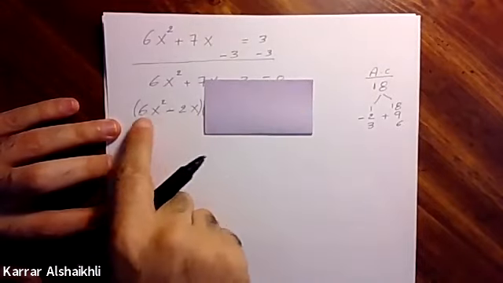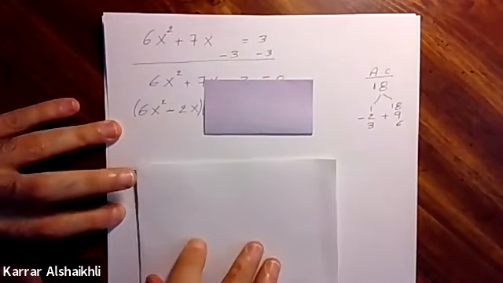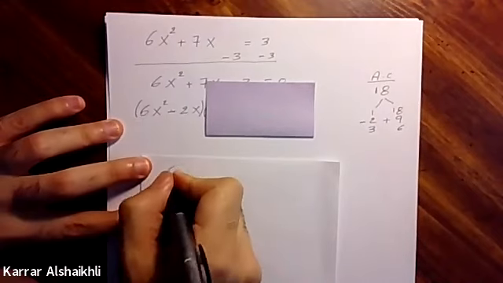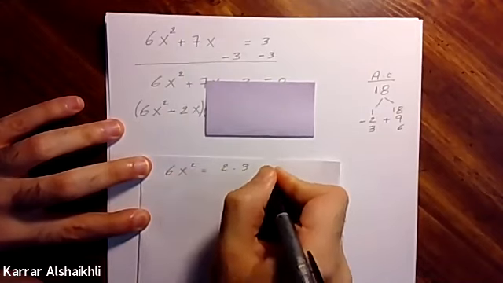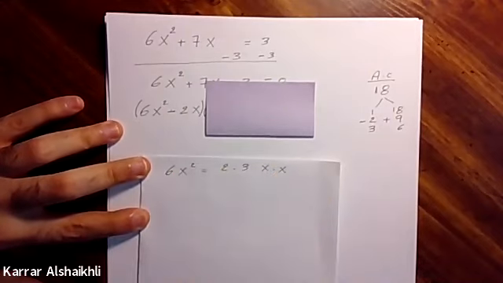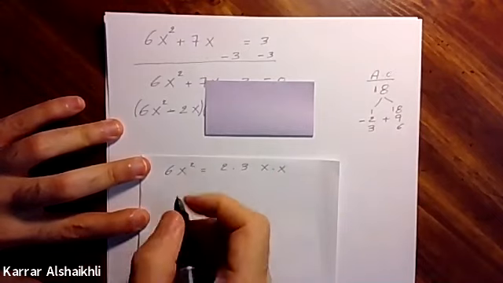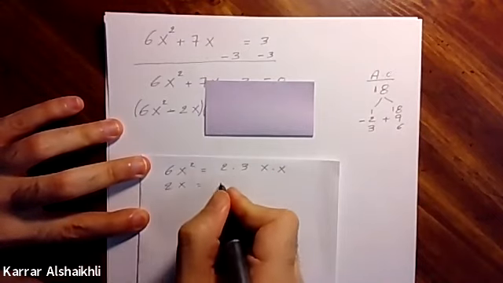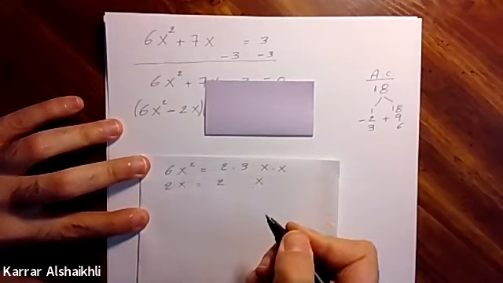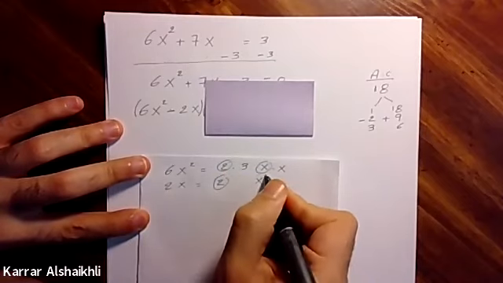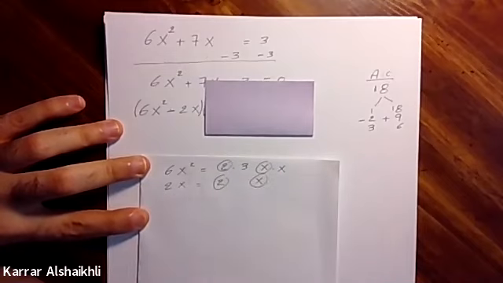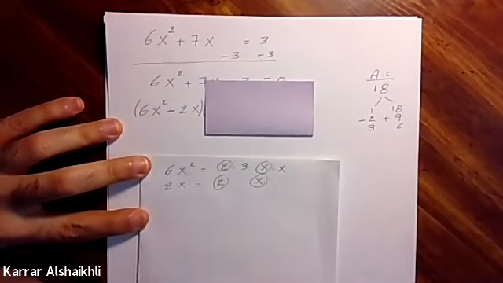Now I need to find the common factor between 6x squared, which is 2 times 3x times x, and 2x, which is 2 times x. The common factor is 2, and the variable is x. So the common factor between these 2 terms is 2x.